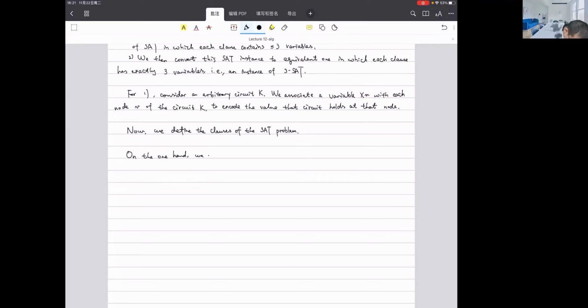So we need to encode the requirement that the circuit computes the value correctly at each gate. That is to say, we need to figure out what we do at each of the AND, OR, and NOT gates.